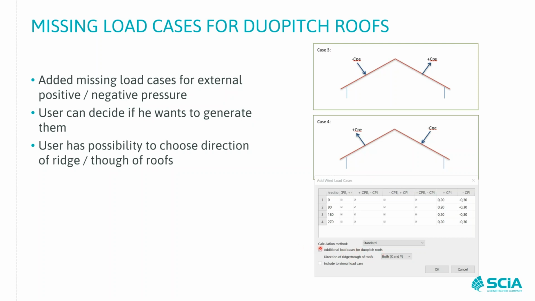You can just click on the checkbox, and then what you need to do is to consider the direction of the ridge or throat of the roof, whether it's in the direction of the x-axis or the y-axis.